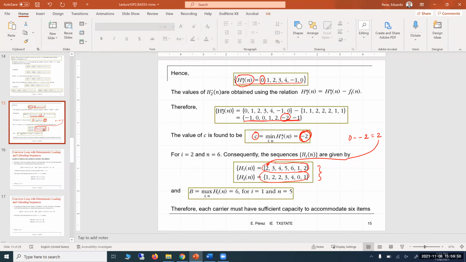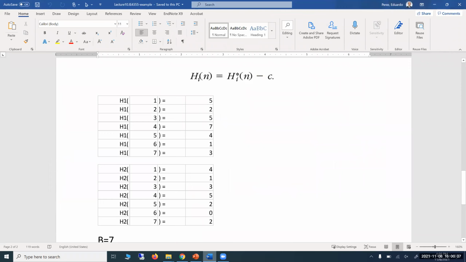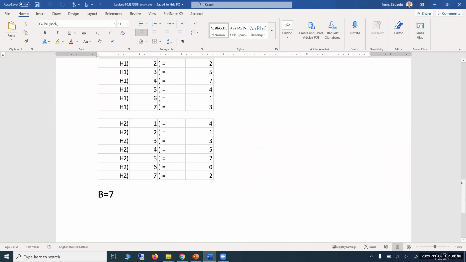But if you add an additional carrier to your conveyor, you will think that you might need less space, but that's not necessarily true. Again, it will depend on the sequence of loading and unloading. So that's what we did in the other example. We added an additional carrier, and the result is telling us, no, if you do that, you're going to have to add more space to your carts or to your carriers.